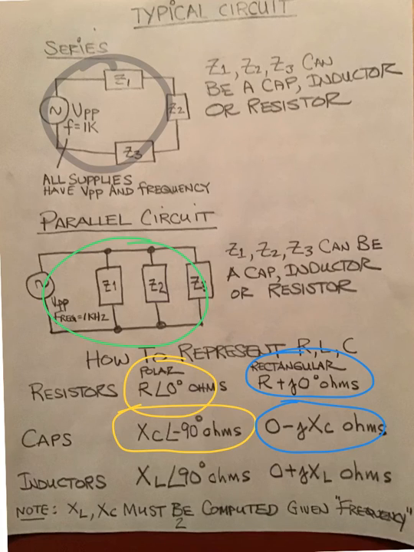Stick with the yellow circled values and use 0, 90, and minus 90 degrees for each of the three components, making sure to put brackets around your values, or you will end up with errors as you enter them into your calculator for polar and rectangular conversion.